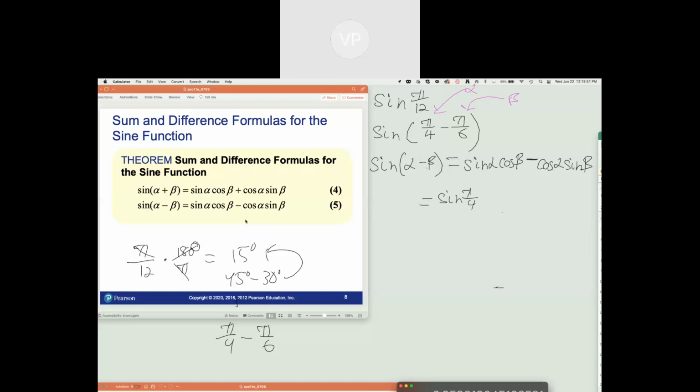And then I have cosine of pi over 6 minus cosine of pi over 4 and sine times sine of pi over 6. All right, now at this point, you know these answers, but take your time and get them right. And it's always going to be 4 different things. The first 2 multiplying together, and then the second 2 multiplying together.